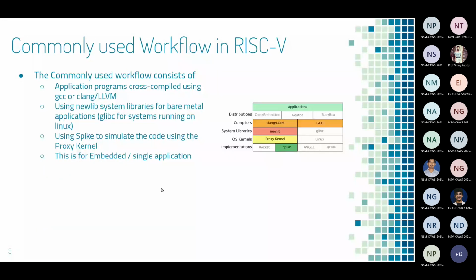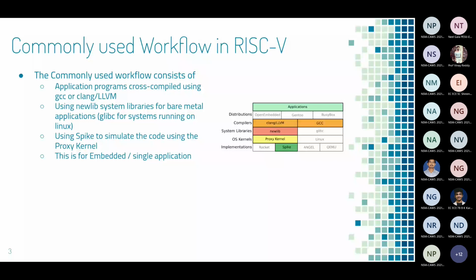Let's talk about the commonly used workflow nowadays, right? So this is basically how your software stack looks like, and the most commonly used workflow, the most flexible, or the easiest way to start playing around with RISC-V is to use Spike. There's a proxy kernel, which is a very minimal kernel, which simulates all the system calls.